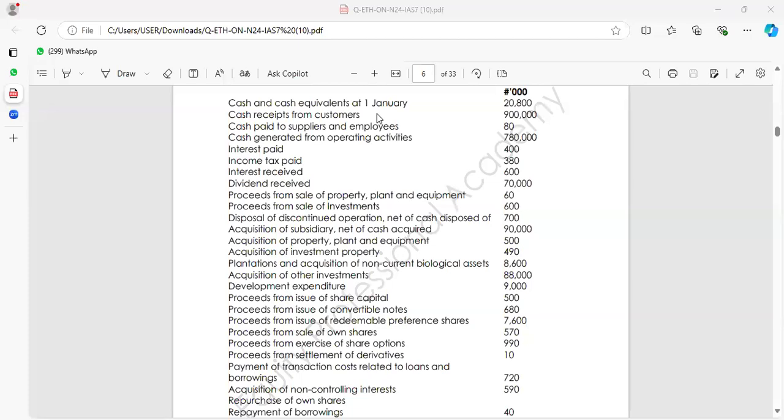Mr. Jide Akinpelu is the only one who said operating activities, but he did not say whether it is inflow or outflow.